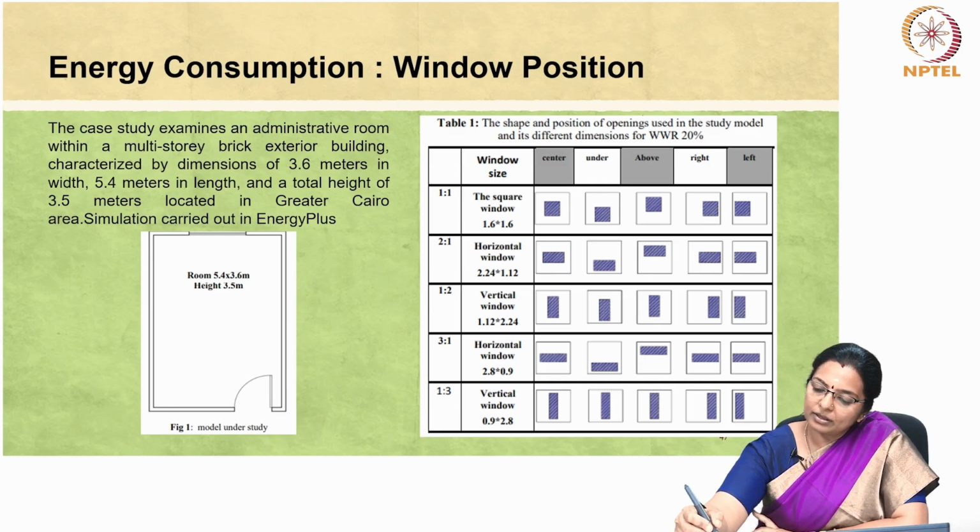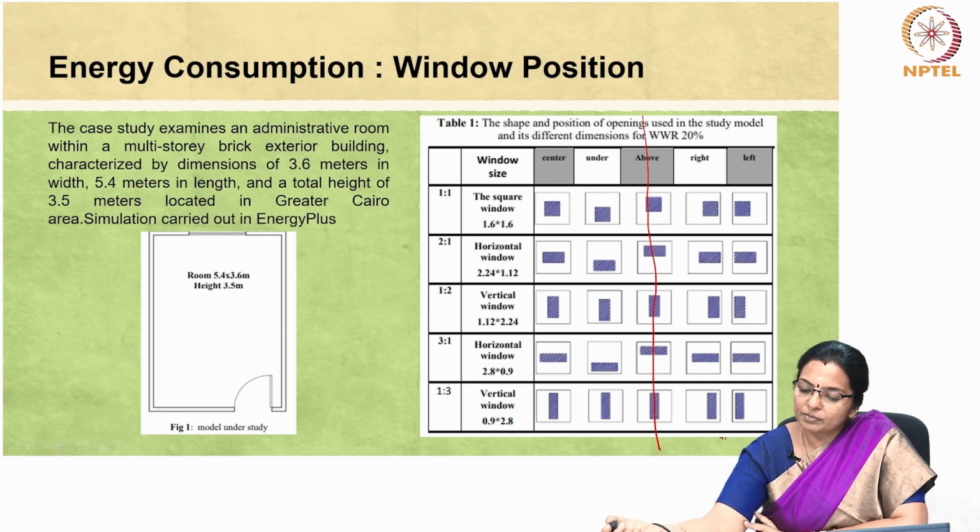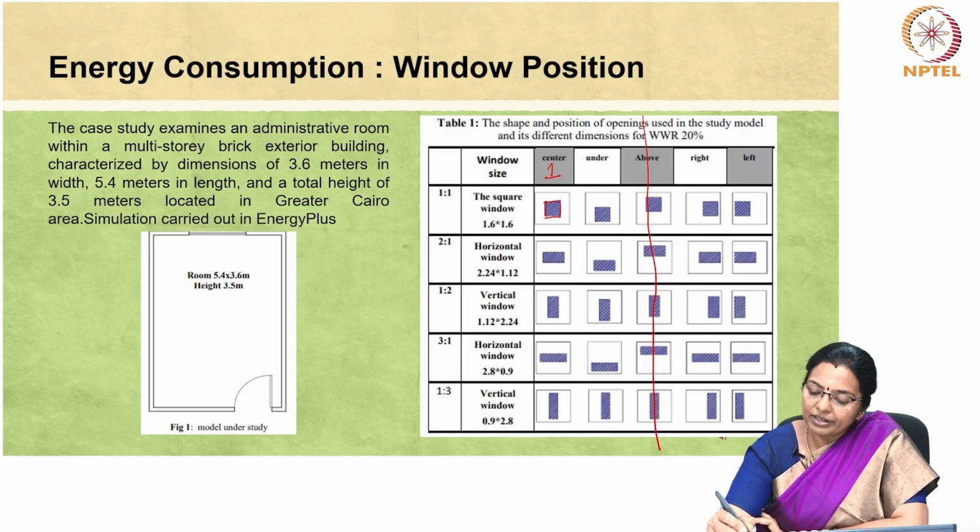The position here is that the window is placed above in the center. The first condition is when windows are placed on the center of the wall. The second condition is when windows are off-centered towards the bottom of the wall. The third condition is when windows are positioned towards the top of the wall or towards the ceiling.